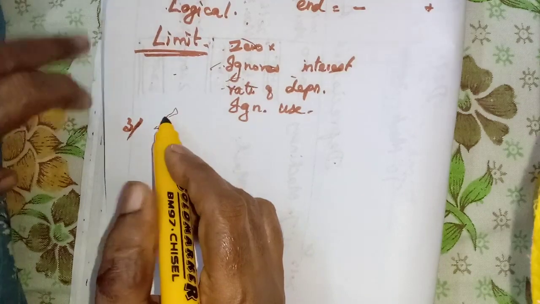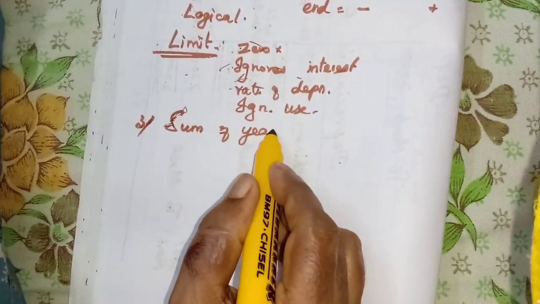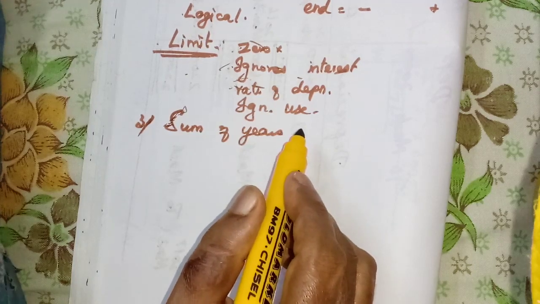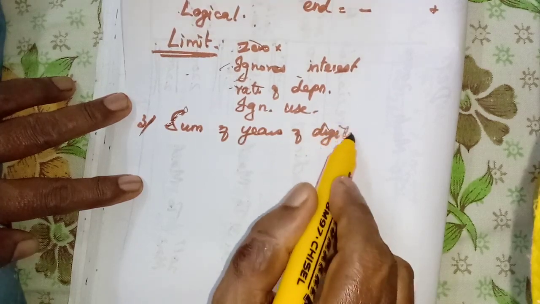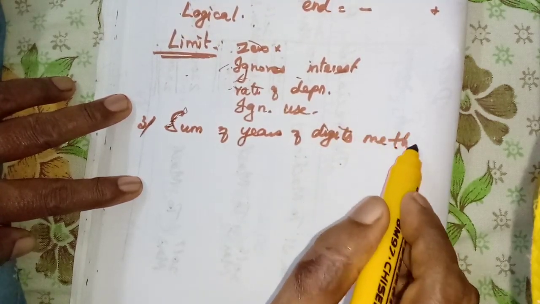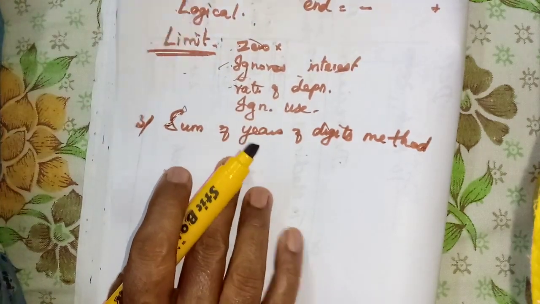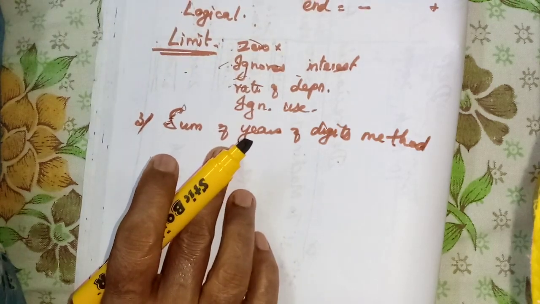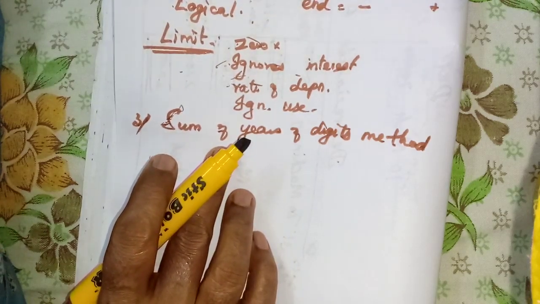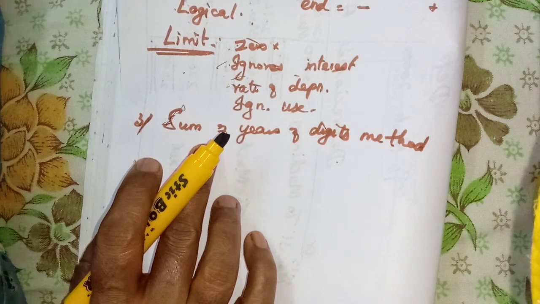Sum of years of digits method. This method, sum of years of digits method, is also somewhat like the diminishing balance method, because the amount will get reduced only.